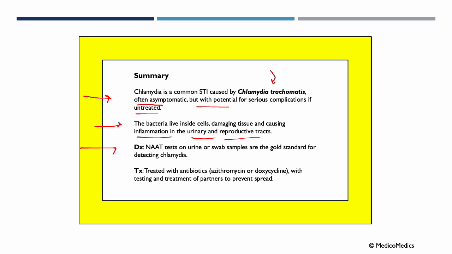We diagnose it mainly with a NAT test on urine or swab samples, and this is the gold standard for detecting chlamydia. We treat it with antibiotics, so azithromycin preferably, or doxycycline. And of course, we promote testing and treatment of partners to prevent spread.